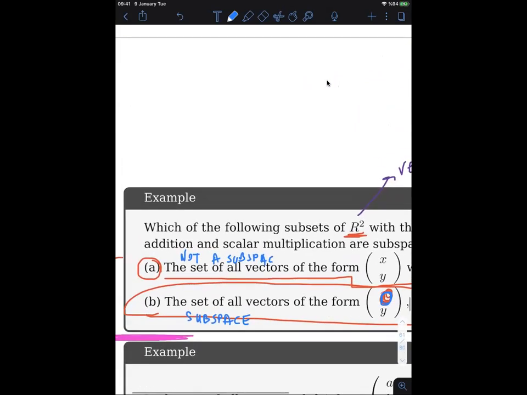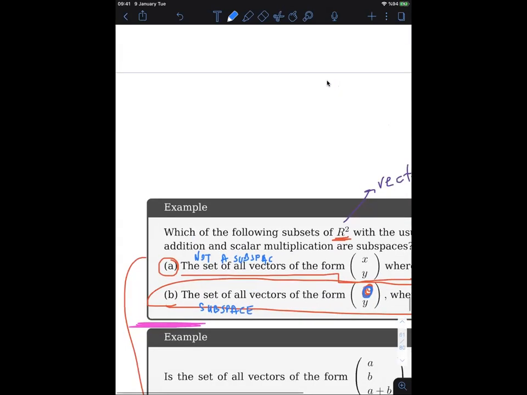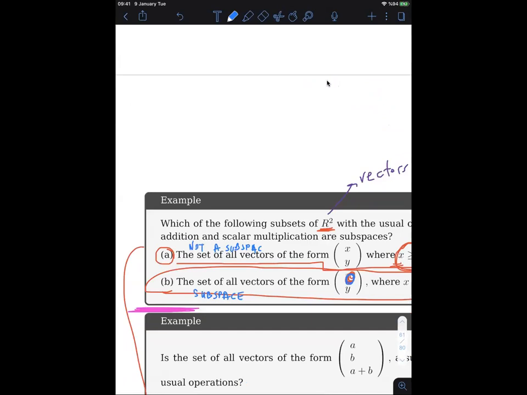Then I said something about subspaces of R2. Subspaces of R2 are exactly lines passing through the origin. R2 itself, the whole plane, is a subspace, and any line passing through the origin is a subspace. And finally, the zero vector, meaning the origin, is a subspace. There are no other subspaces of R2. So this is x, this is y.